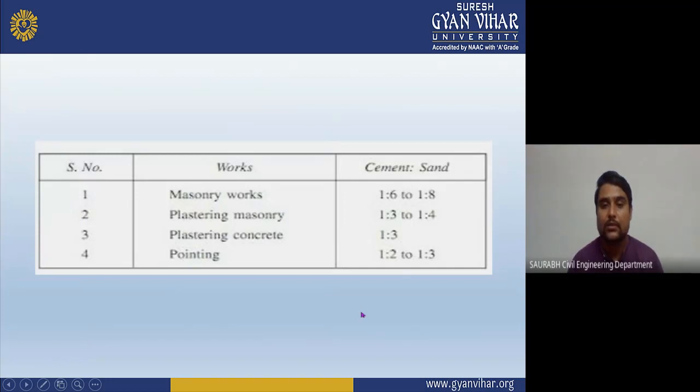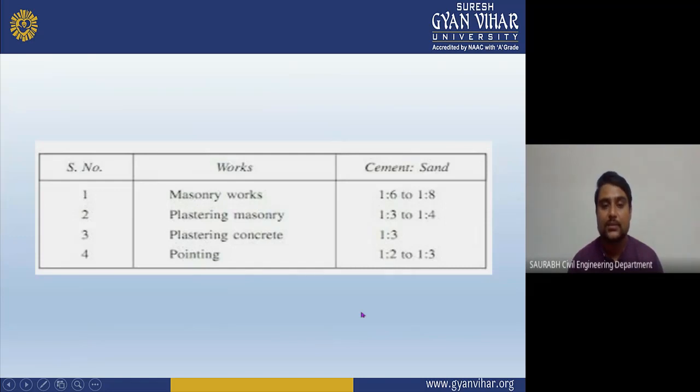Now we will see what is the ratio of cement to sand in the different kinds of mortar work. First one is given here, masonry work. For masonry work, you have to take the ratio of cement and sand between 1 to 6 and 1 to 8, where 1 is the part of cement and 6 is the part of sand, and the same as 1 is the part of cement, and 8 is the part of sand.